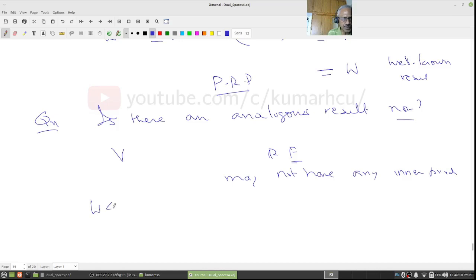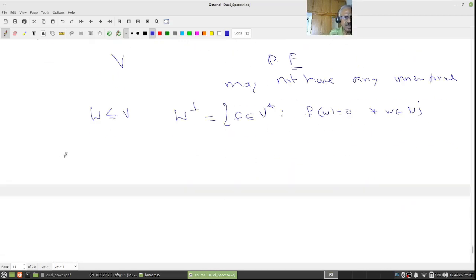Then for any W in V, I define what is W perp. Let us recall. It is the set of linear functionals f in V star such that f of w is 0 for every w in W. Right? Now what is it that I want to ask?